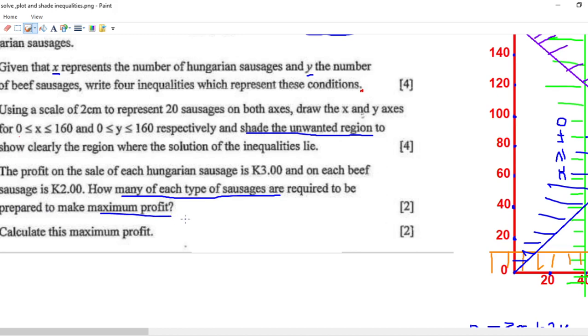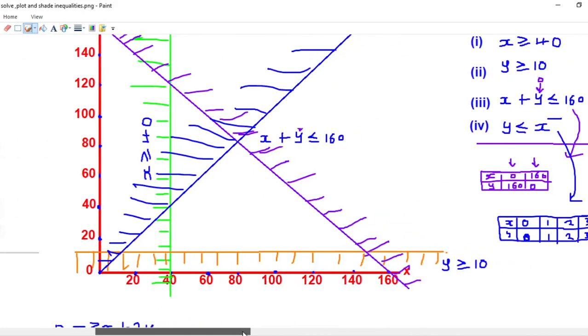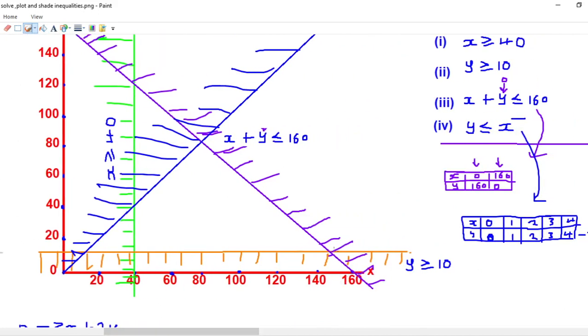To find the maximum profit, we need to get points from here, and here, and also there, and then see which one gives us the maximum profit.